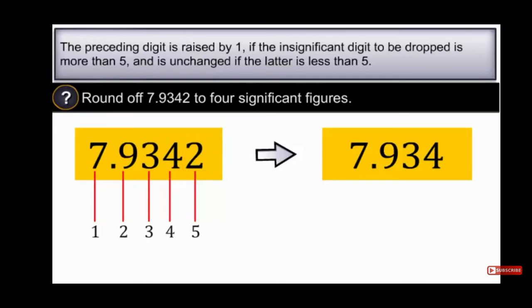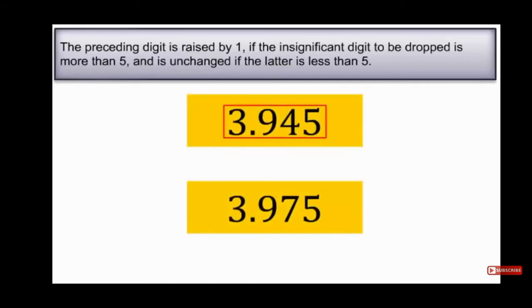Now, consider 2 numbers 3.945 and 3.975. Let us round them off to 3 significant digits. In this case, the insignificant digit to be dropped is neither greater than nor less than, but is equal to 5 in both the given numbers.